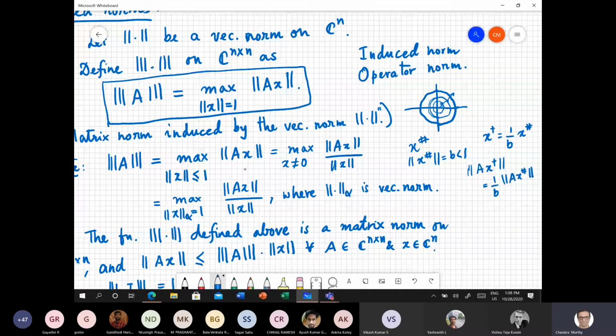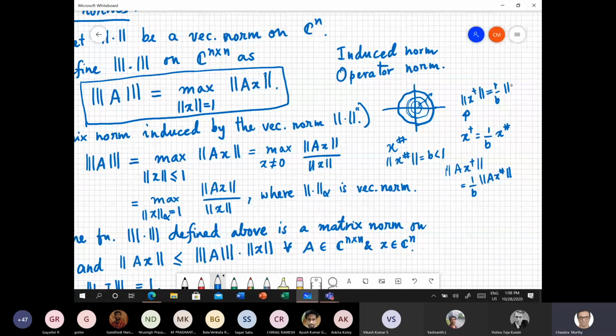Whatever maximum you found, I am able to find an x dagger. Notice that this also satisfies my constraint: norm of x dagger is 1 over b times the norm of x hash, which is b, and so this is equal to 1. So this satisfies the constraint that norm of x should be less than or equal to 1, but the value of the objective function is strictly greater.